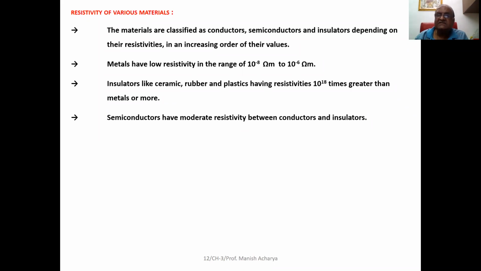It implies that the conductivity of these substances is nearly equal to 0. Okay, there will be no conduction process in this type of substances, so they are known as insulators. In other words, the resistivity of insulators is almost 10 raised to 18 times that of the conductors, and conductors are metals.